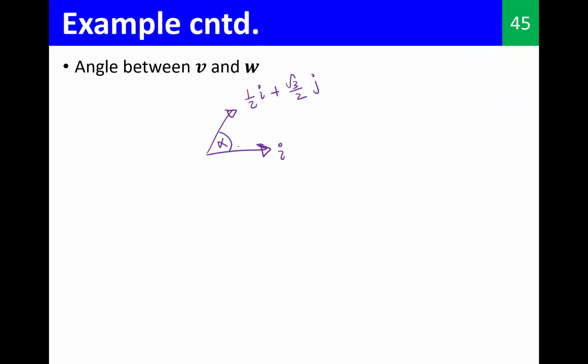This is alpha. So can somebody quickly calculate alpha and let me know? So alpha is basically tan inverse of this divided by this. It's the angle.